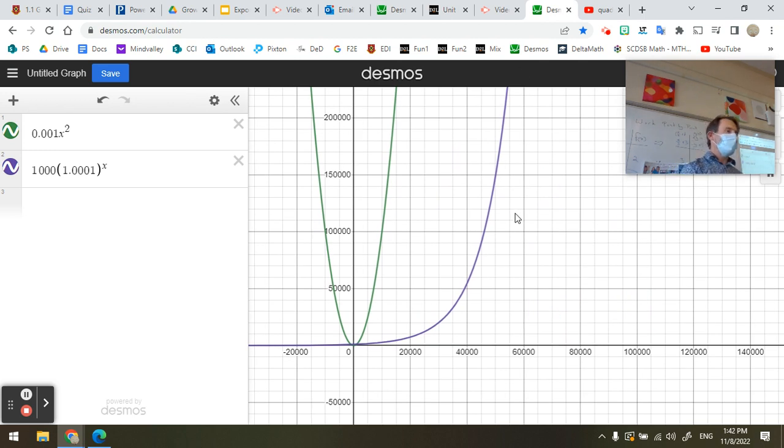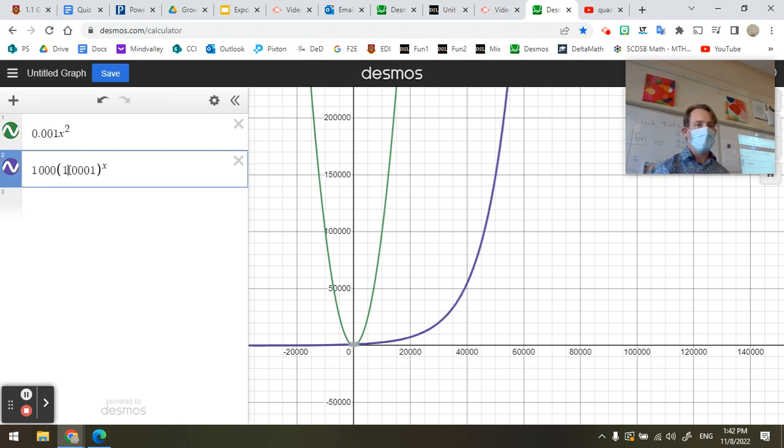Okay, but that's also not a reasonable interest rate. That interest rate is effectively zero over the human lifetime. What I want to show you is they always have this shape. They always blow up at some point and get very, very steep. It does not matter how big or how close to 1 I make that number.